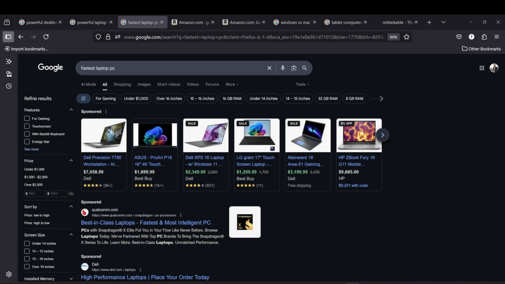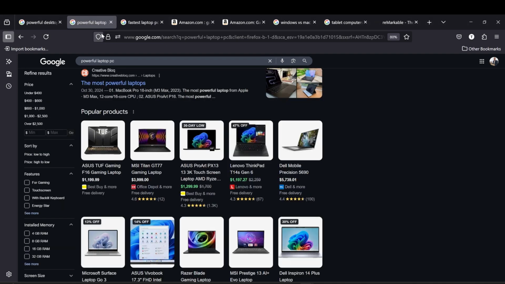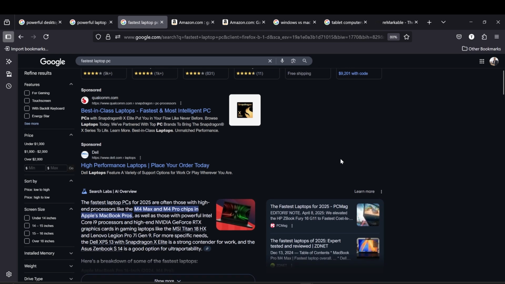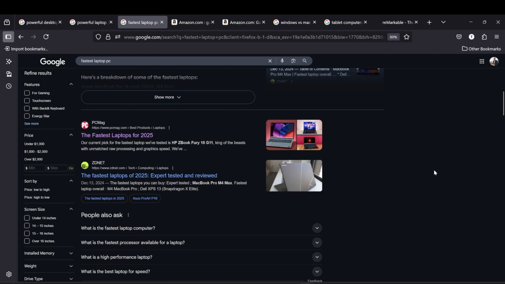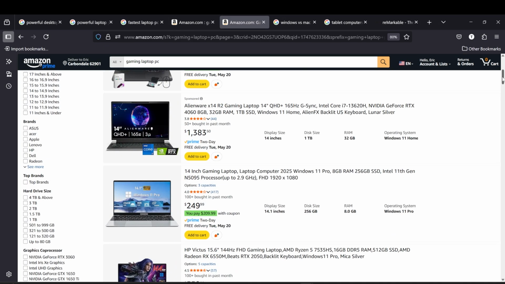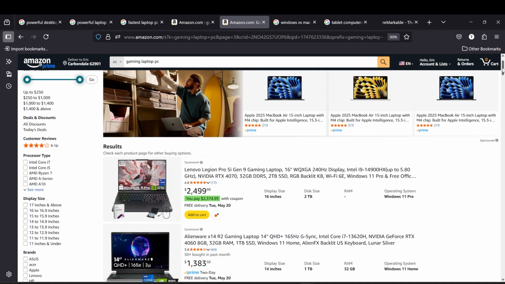All right, how to find a good laptop. Searching for a powerful laptop or the fastest laptop probably is not going to be the best solution. Instead, you might have heard about how powerful gaming laptops are.